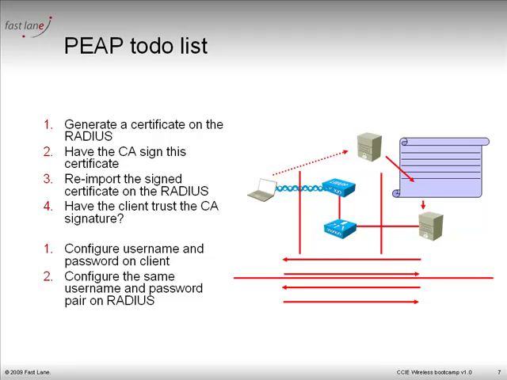But of course for the client side, as you're relying on the username and password pair or generic token card, the only thing you really need to do on the client, apart from installing the CA signature, is to create a username and password pair and make sure that the RADIUS server knows this username and password pair somehow, because you're creating this name on the RADIUS itself, or because you tell the RADIUS where to verify this username and password pair. So that's the menu.